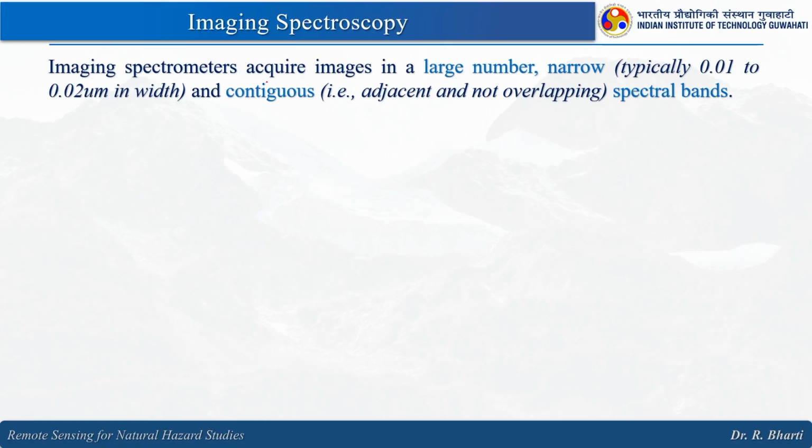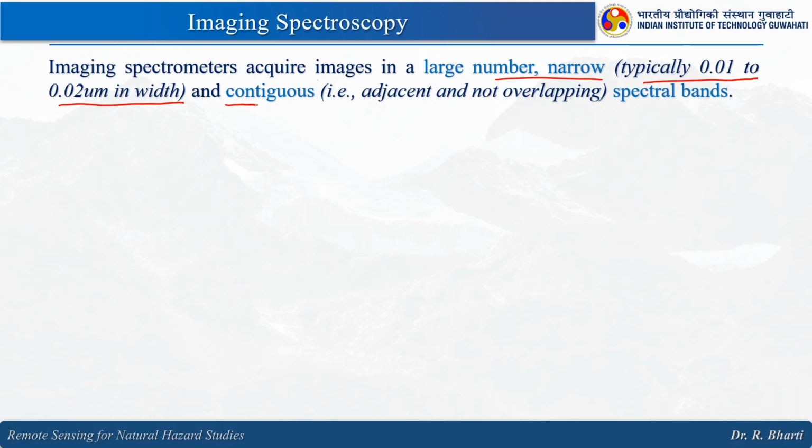Imaging spectrometers acquire images in a large number of narrow bands, typically 0.01 to 0.02 micrometer in width, that is your bandwidth. I told you 10 to 20 nanometers is allowed when we talk about hyperspectral remote sensing, and the bands should be contiguous in nature. That means they should be adjacent to each other. Between two bands there should not be any gap in the wavelength.